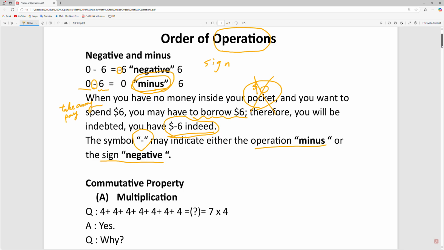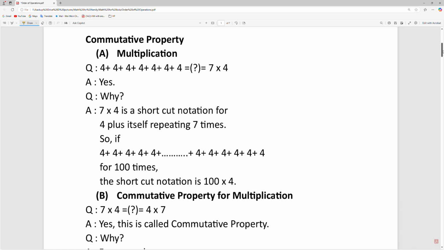We don't talk too much detail in this video, but I would like to make sure you understand the basic concept of addition, multiplication, division, and subtraction. Yes. Okay. First, the commutative property.